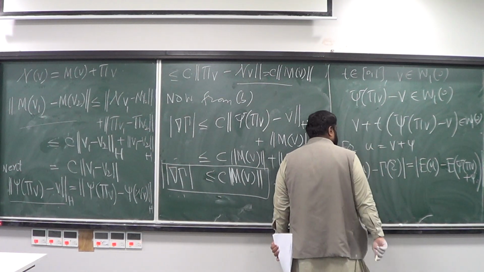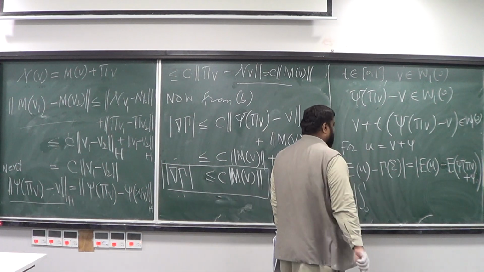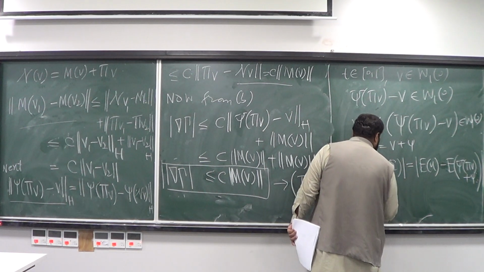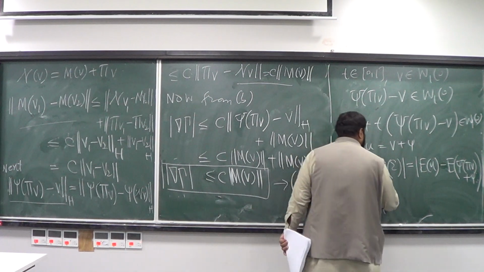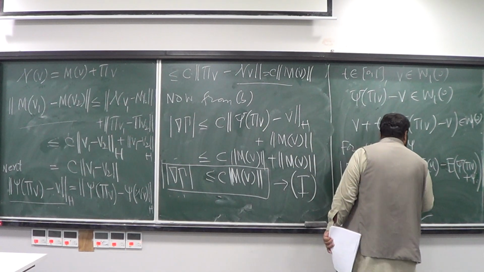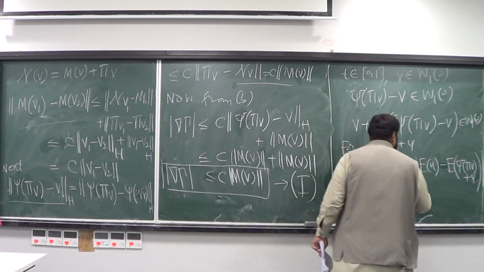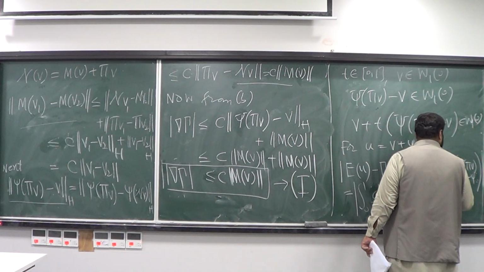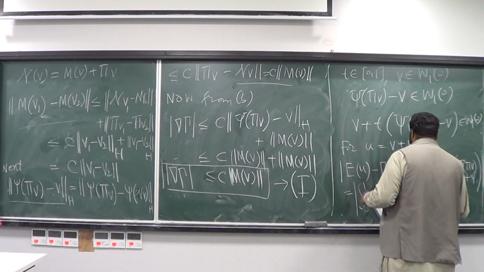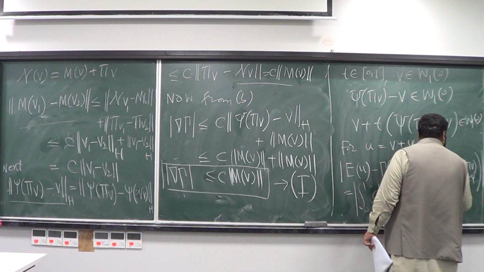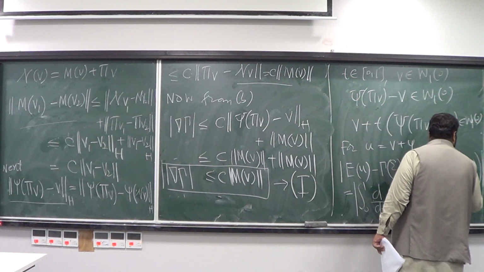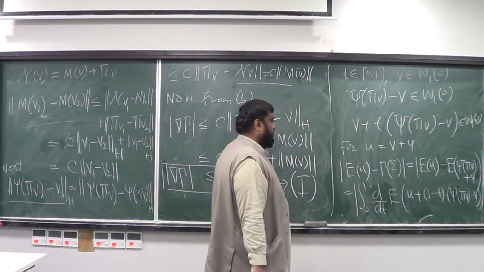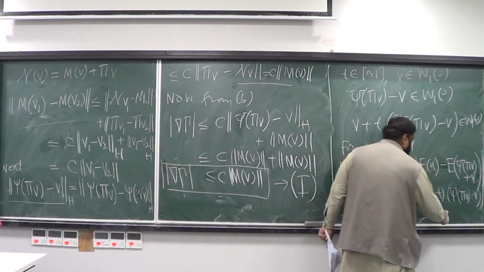So let me write the integral from 0 to 1 of the derivative with respect to the parameter t of E of u plus 1 minus t times psi of pi v minus v, dt.